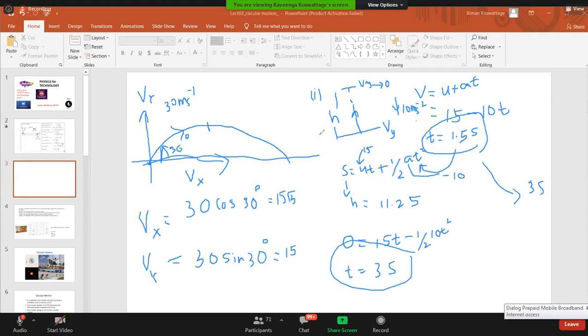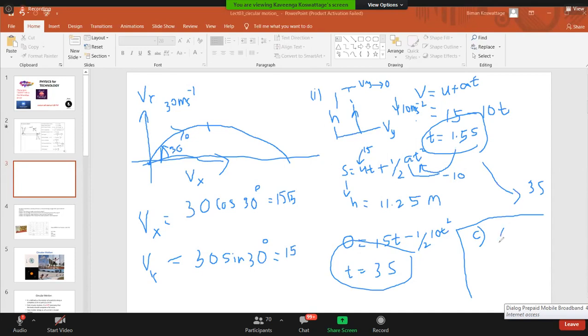We found the maximum height, which is 11.25 meters, and at the same time we calculated the time of flight. Then we need to find the horizontal range. In the case of the horizontal side, you don't have any acceleration. A is equal to 0, so this is very simple.